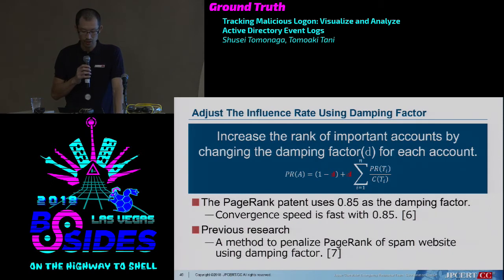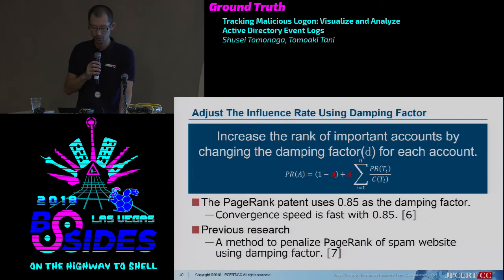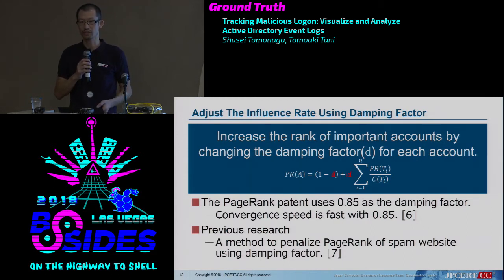Various studies have tested differently, but it is generally assumed that the damping factor is set around 0.85. So a method has been proposed to control the rank of spam web pages by adjusting the damping factor. We also use a method to control the ranking of accounts by controlling the damping factor.